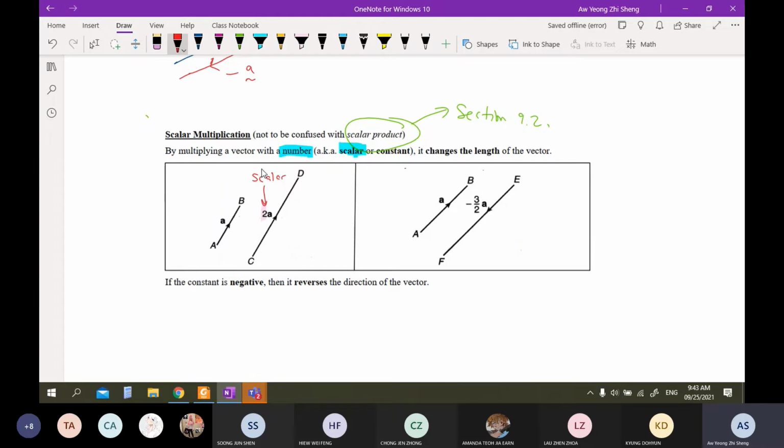So when you multiply a vector with a scalar, the effect of the scalar is that it modifies the length. It either lengthens it or shortens it, depending on whether that number is more than 1 or less than 1. If the scalar is more than 1, then the vector becomes longer. So when A becomes 2A, when you multiply by 2, the length is doubled.